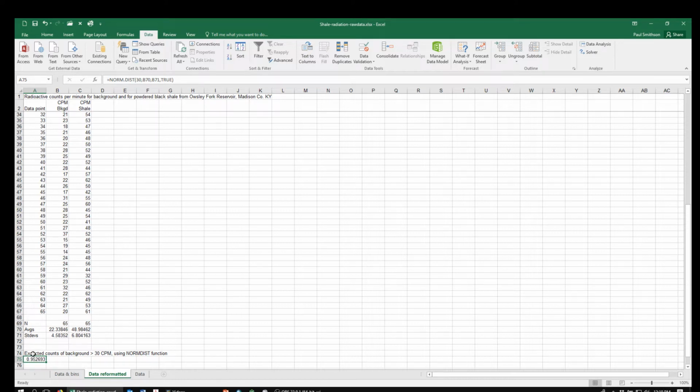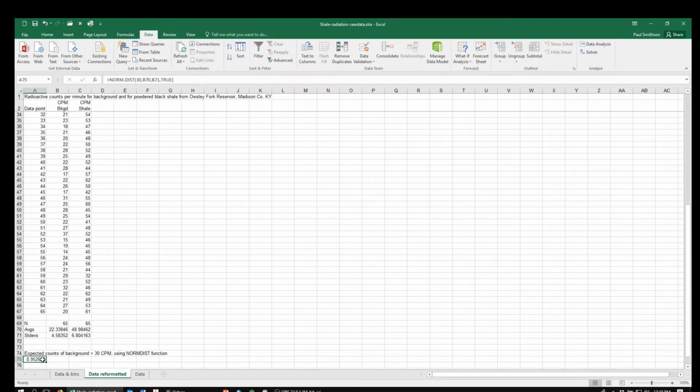Now norm.dist, unlike the table we've used in class, gives you the area under the standard normal curve from negative infinity to your test statistic.